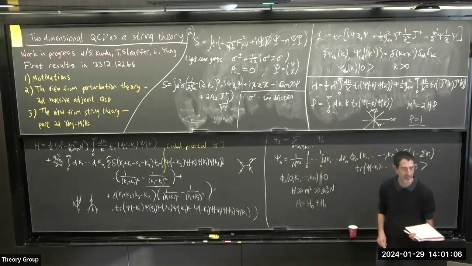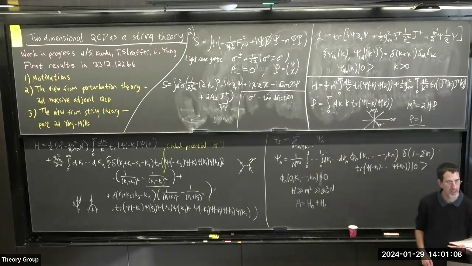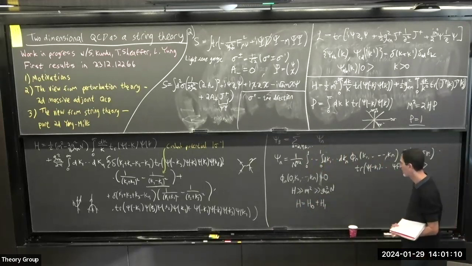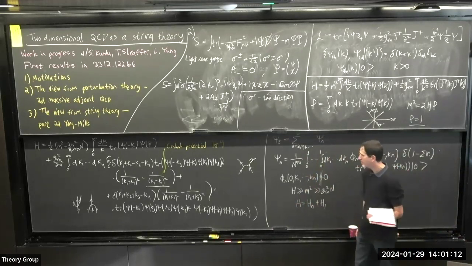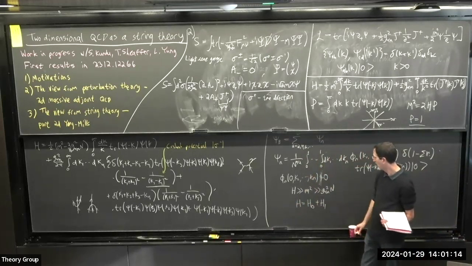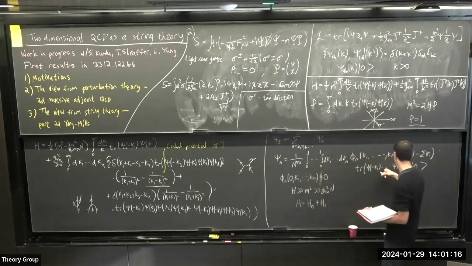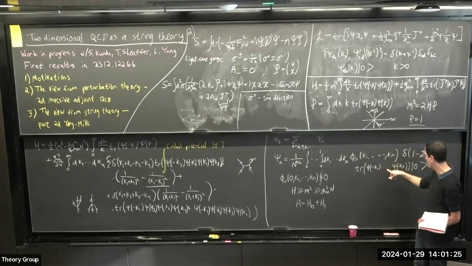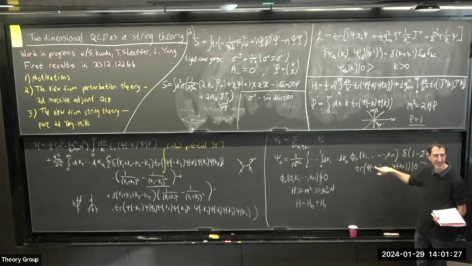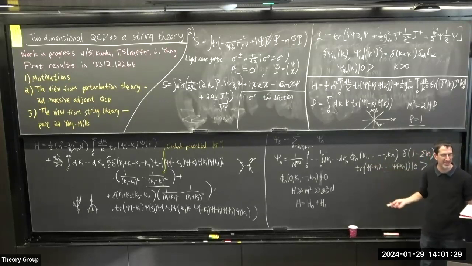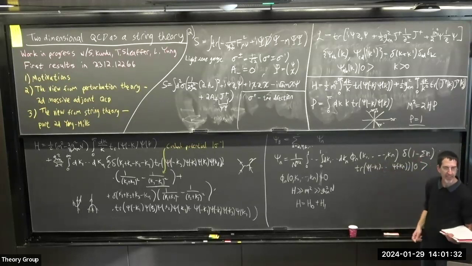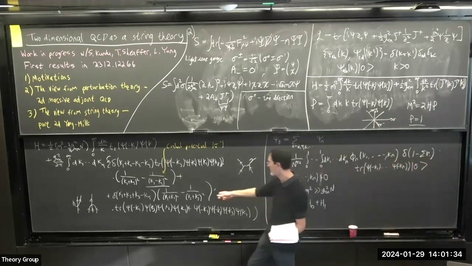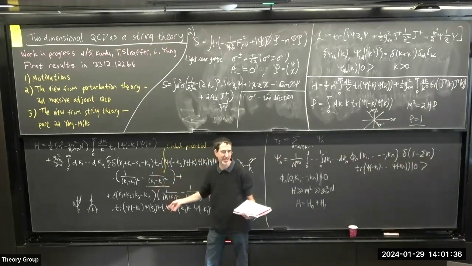Yes, please. Do you need to impose another condition when two momenta become close to each other? I mean, I guess it goes to 0, but does it go to 0 because of fermionic statistics? If two momenta are exactly equal, it goes to 0, but only if they are adjacent in this trace. If they're not adjacent, then it doesn't even go to 0. So should you impose something, because it may cost you a lot of energy?